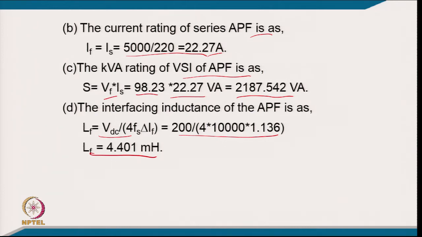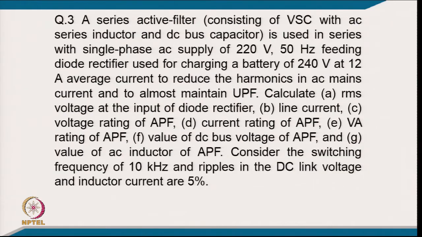Coming to numerical example 3: a series active filter consisting of a voltage source converter with an AC series injector and DC bus capacitor is used in series with a single phase AC supply of 220 volt 50 Hz, feeding a diode rectifier used for charging a battery of 240 volt at 12 ampere average current, to reduce the harmonics in the AC mains current and to almost maintain unity power factor.